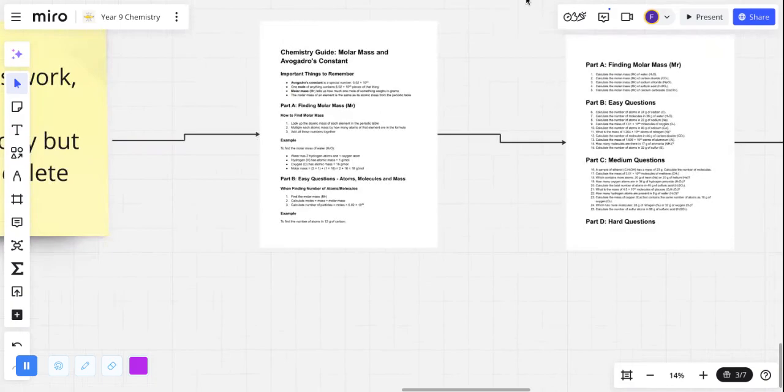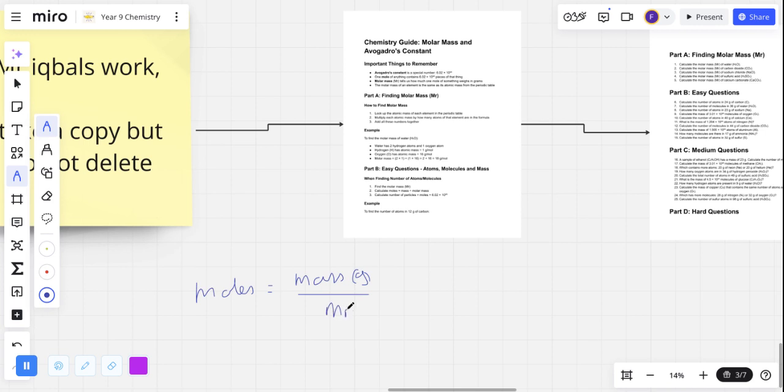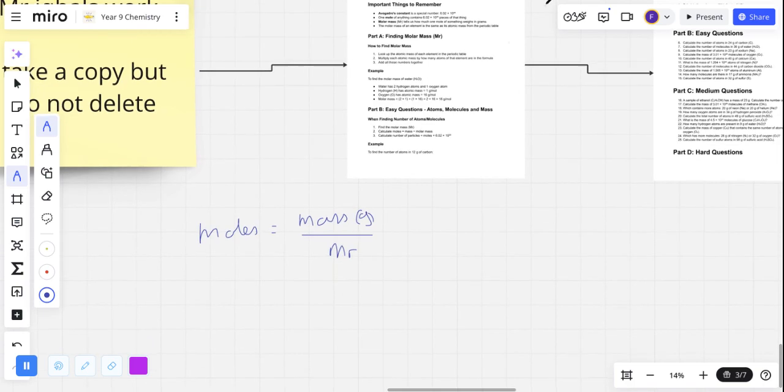Okay, so the way to calculate moles from last lesson: moles equals mass in grams divided by relative molecular mass, relative formula mass, relative atomic mass, call it what you want. It has many different names, and what you call it is irrelevant.